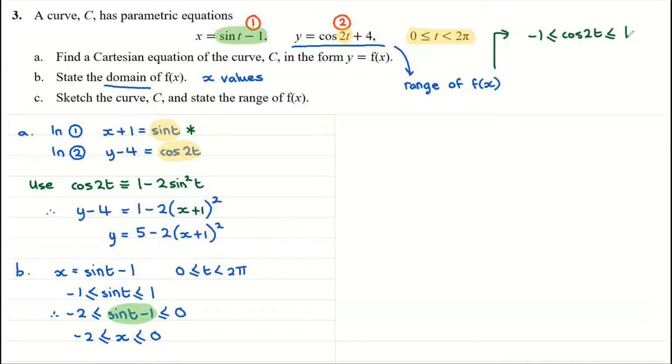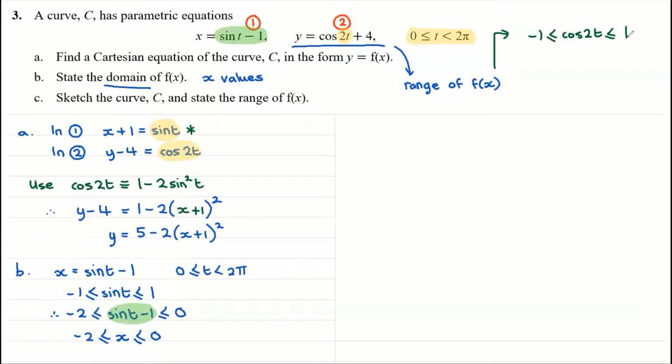You can check this with some Desmos or GeoGebra plotting if you're not convinced. Just plot the graph of y equals cos 2x between 0 and 2 pi and check that you get the minimum and maximum at -1 and 1 respectively.